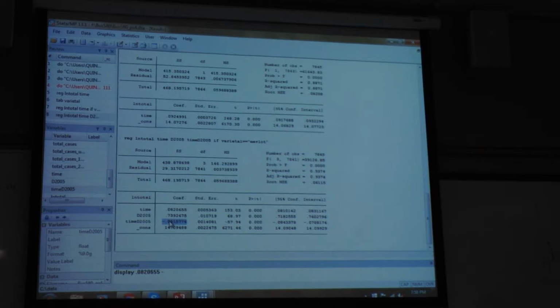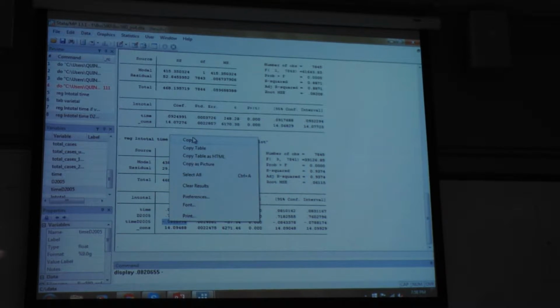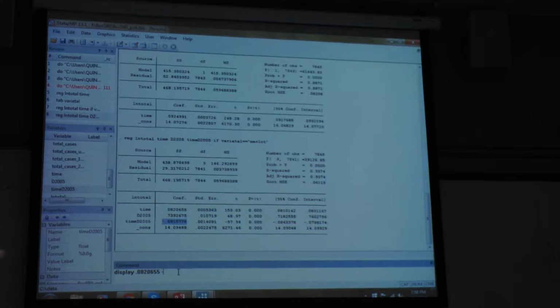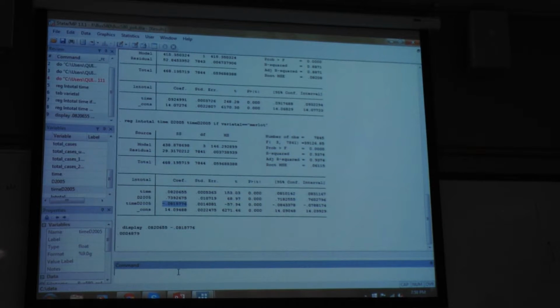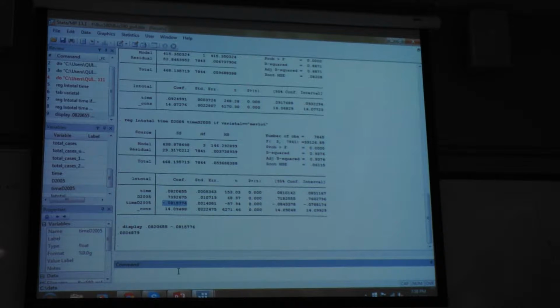And interaction is a good term because we're literally saying that time and the event interacted to cause some change in, oops, I think I got two negatives in there. Yeah, that's a really, really small growth rate. It's a really small font showing a really small growth rate.